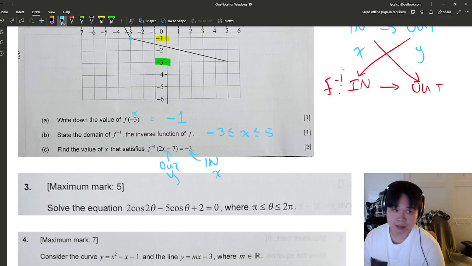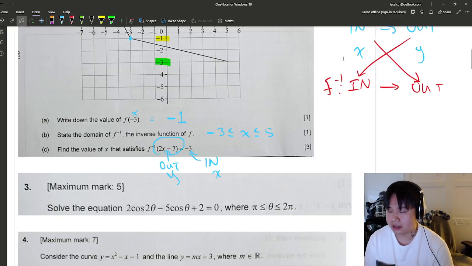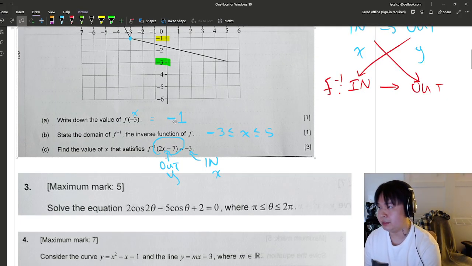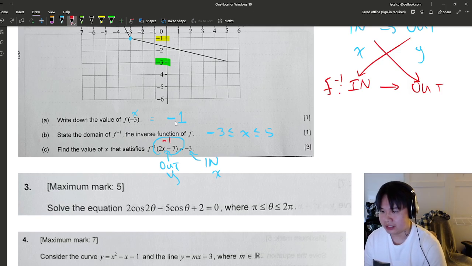So if my original input is -3, I need to find out what my original output is, because that's going to be 2x minus 7. I think we already did that here, right? If my original function's input is -3, I get an output or a y value of -1. So what that means is that this thing is -1.